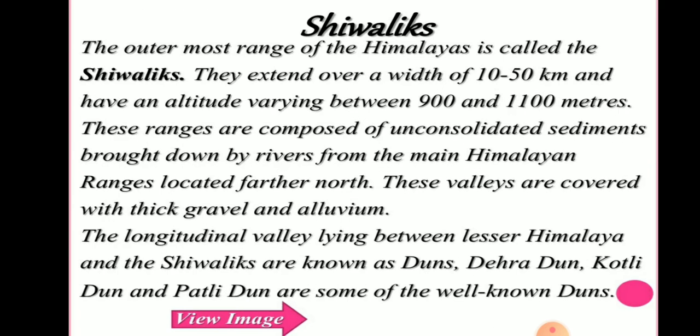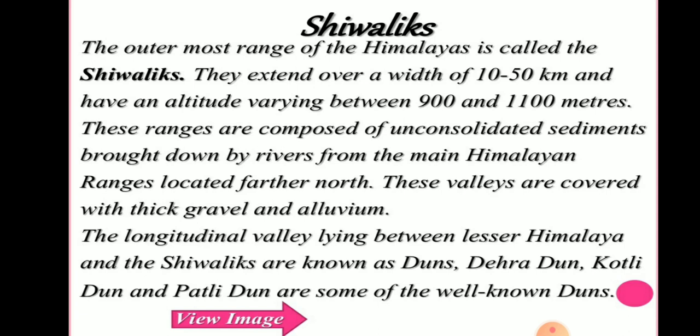And next we have the southernmost Himalayas, that is, the Sivaliks. The outermost range of the Himalayas is called the Sivaliks, and they extend for a width of 10 to 50 kilometers. This one is the narrowest as compared to the other two, and has an altitude varying between 900 and 1100 meters, so its height is also less as compared to the other two sections of the Himalayas that we just discussed.